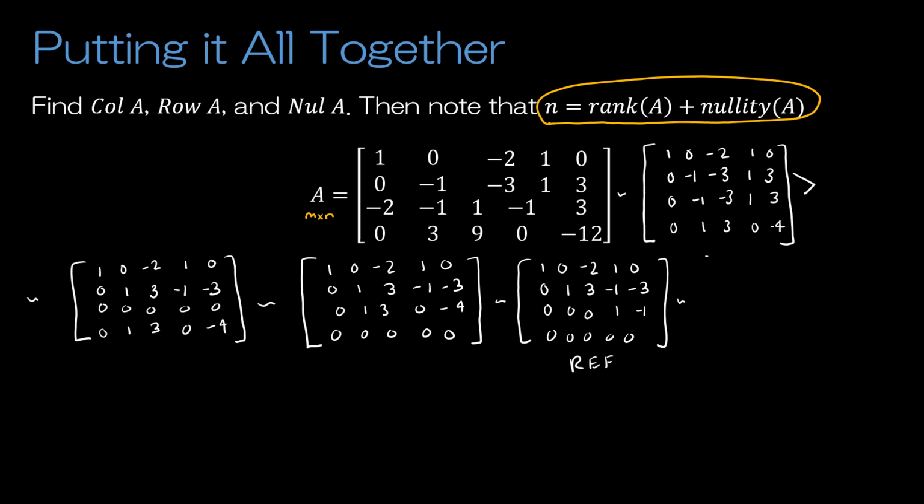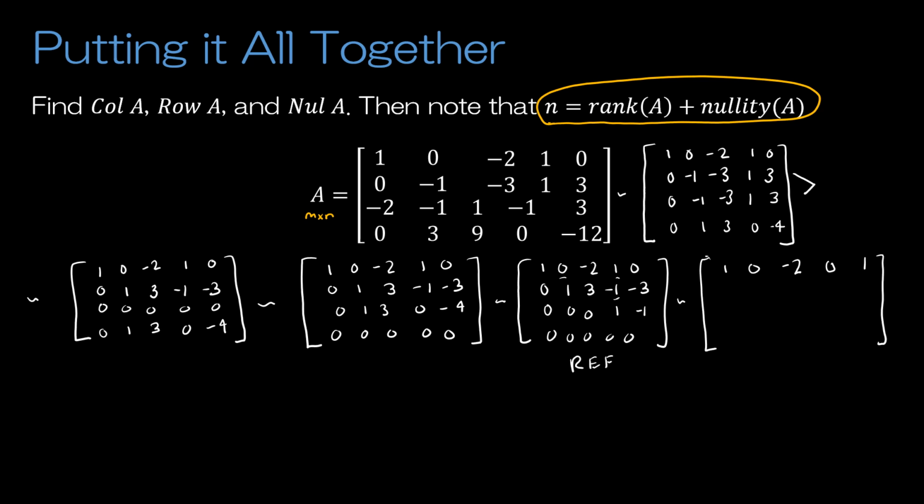And then reduced row echelon form would have a 0 here, which we already do, and zeros here. So that's what I'm going to do next. I'm going to take row 3 plus row 1, so that's 1, 0, negative 2, negative row 3 plus row 1. So that's going to give me 0 and then 1.